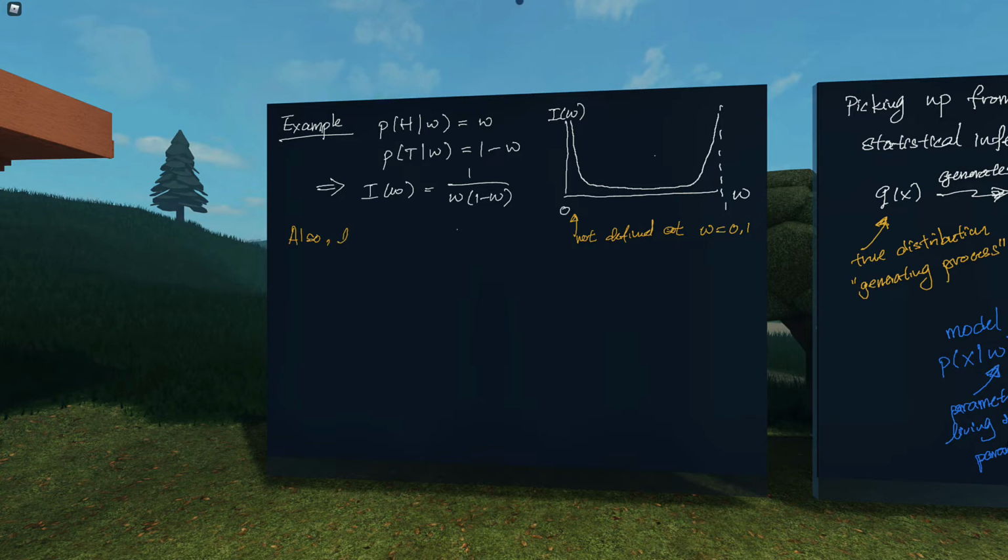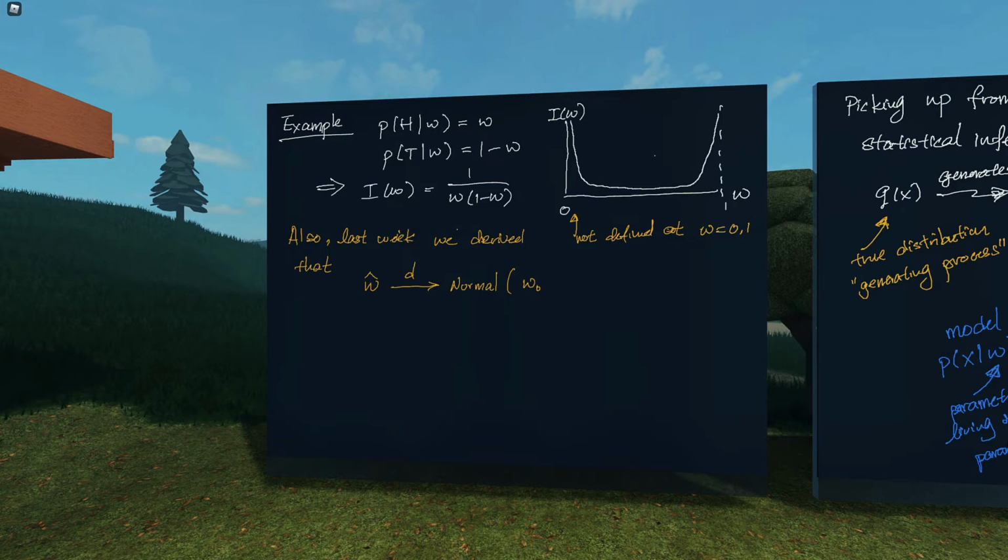Last week, we derived that the estimator converges in distribution to the normal distribution with mean equal to the true parameter.